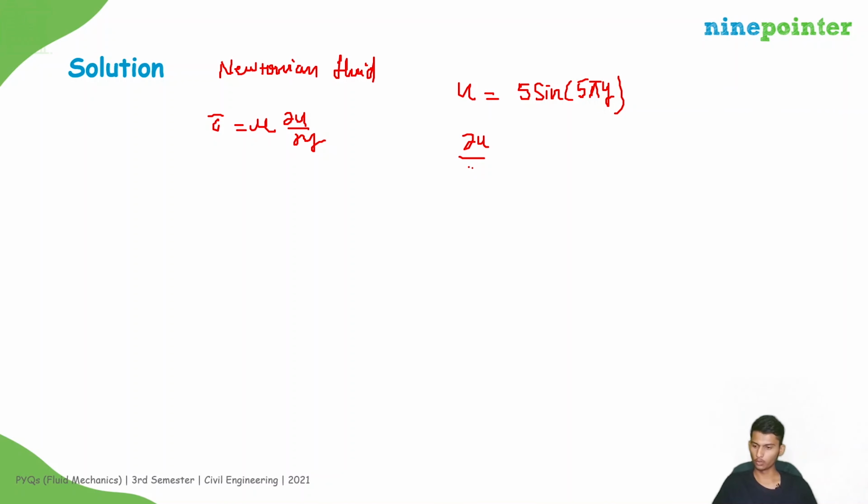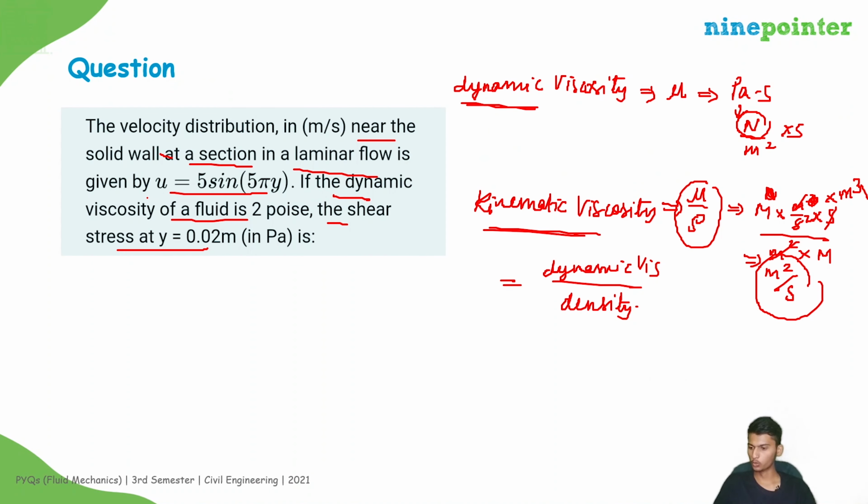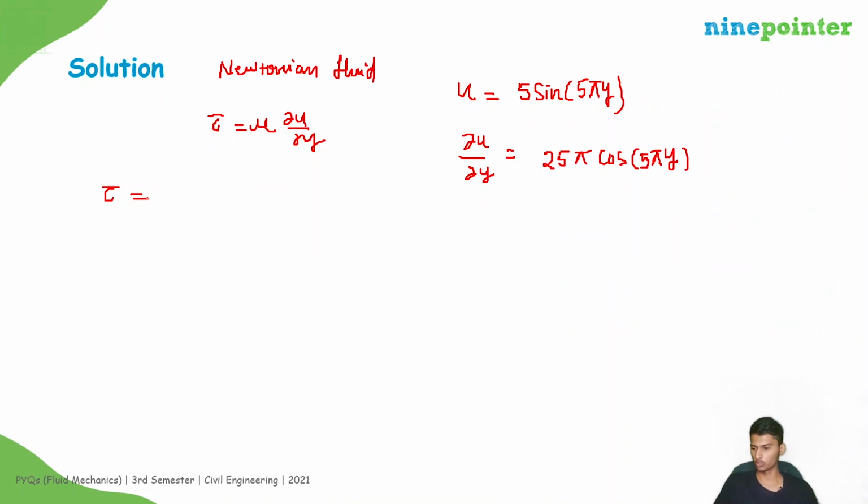So dou u by dou y equals 25 pi cos of 5 pi y, right? So tau equals mu, which is 0.2 in SI units, into 25 pi into cos of 5 pi y.